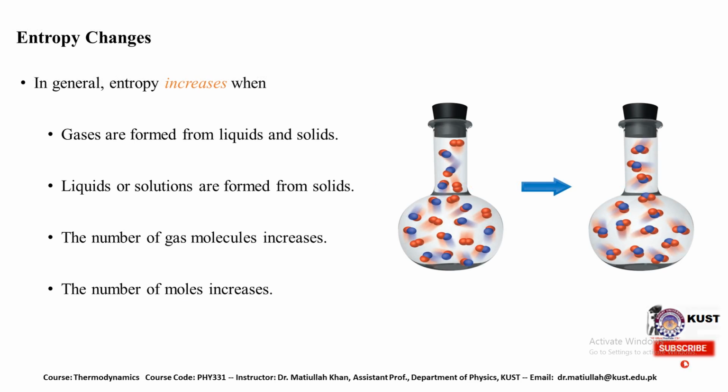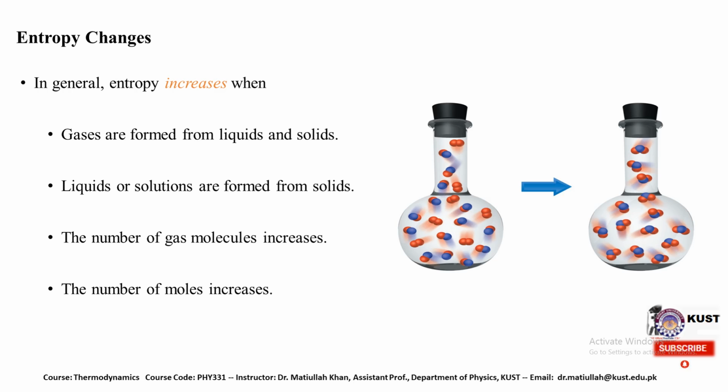In general, entropy increases when gases are formed from liquids and solids, when liquids or solutions are formed from solids, and when the number of gas molecules or the number of moles increases. We normally see that atoms in a crystalline solid are in regular periodicity, with low randomness.